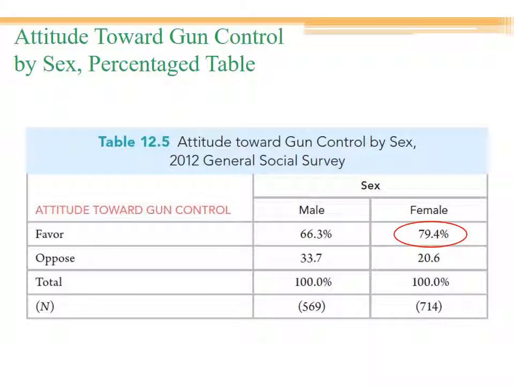So remember that the bivariate analysis is inferential, meaning that we're seeking answers to our hypothesis. If our hypothesis was that women were more likely to support gun control, what would be our conclusion? Our conclusion would be that our hypothesis was correct. As we see here, more women support gun control, suggesting that sex has an effect on attitude toward gun control.